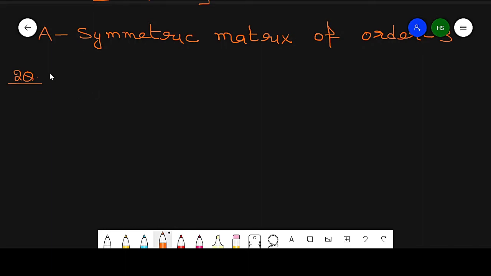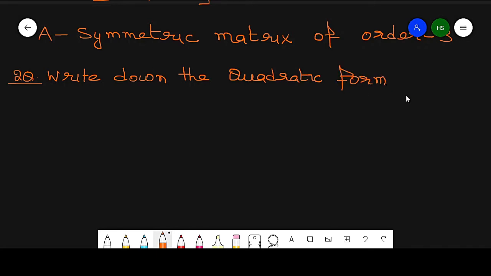The statement is: write down the quadratic form corresponding to the symmetric matrix.